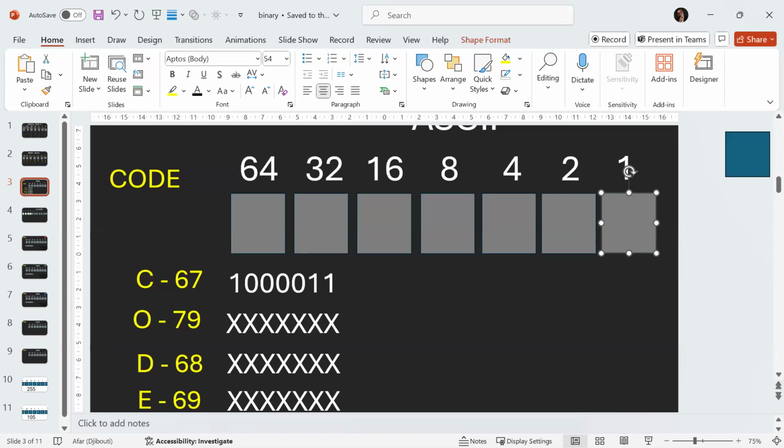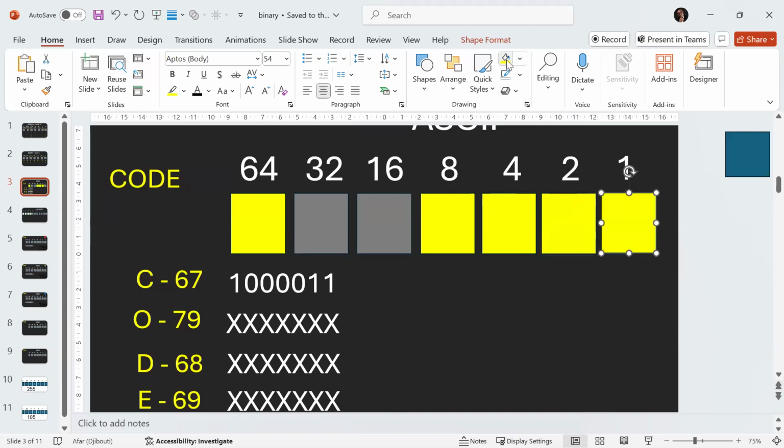Ijoma says 64, 8, 4, 1. So I am agreeing with 64. So we are going to turn on 64, 8, 4, 2, and 1.